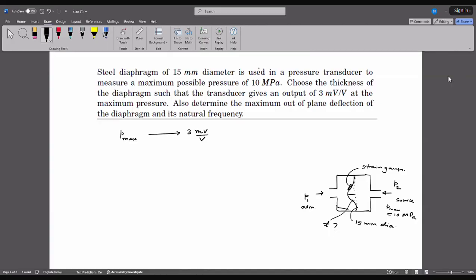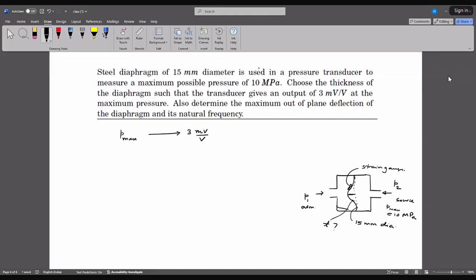Also, determine the maximum out of plane deflection of the diaphragm and its natural frequency.